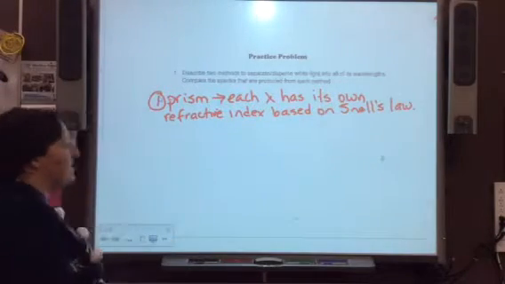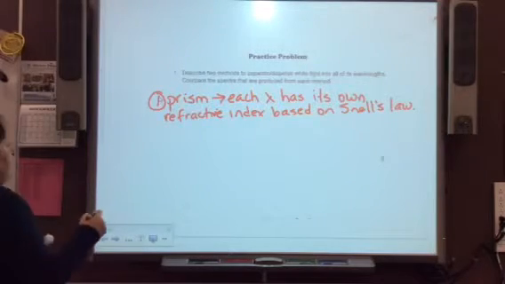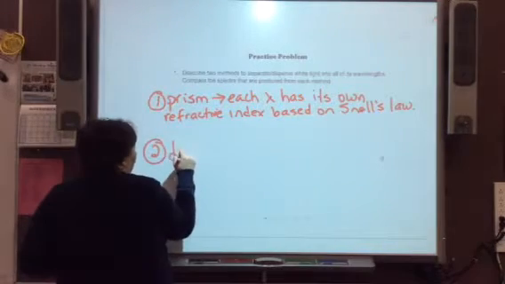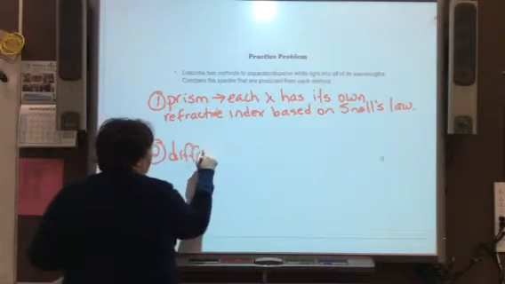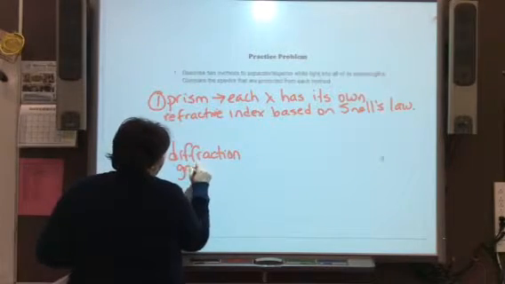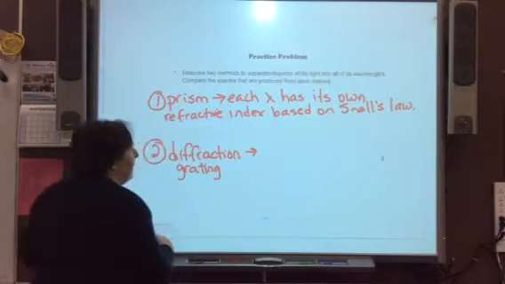You'll need to recall what Snell's law is, the whole line, okay? And then a second method would be what we just learned, to shine the white light through a diffraction grating. Okay?